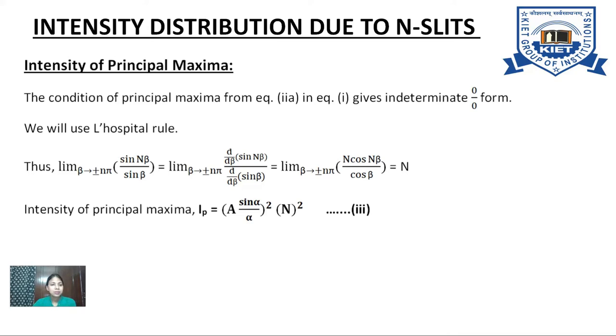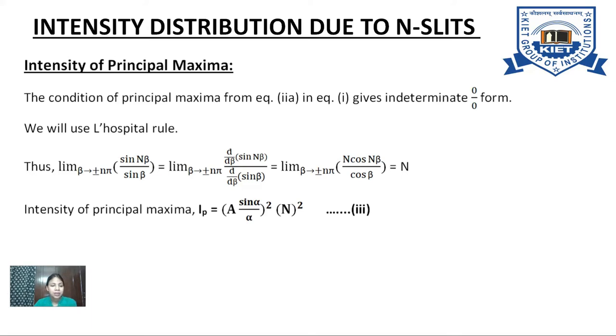We shall now find out the intensity of principal maxima. In order to find out the intensity of principal maxima, we use the L'Hospital rule. This rule is used because if I put the condition of principal maxima from equation 2a in equation 1, we get an indeterminate form, which is the 0 by 0 form. So now we use L'Hospital rule. In this rule, we differentiate the numerator and denominator separately till we get an acceptable form after applying the limit.